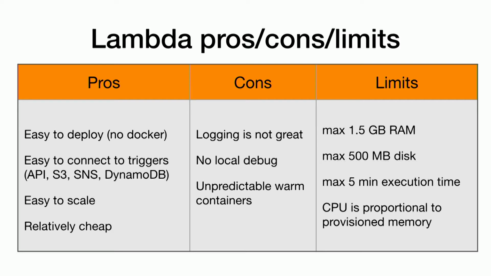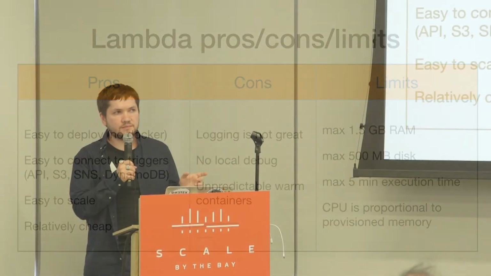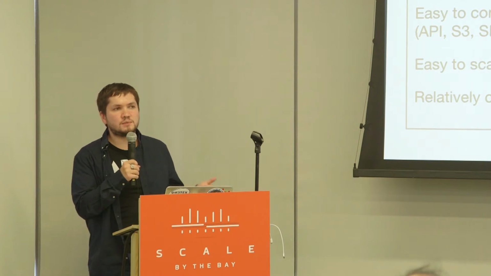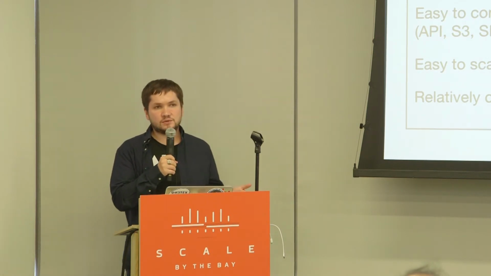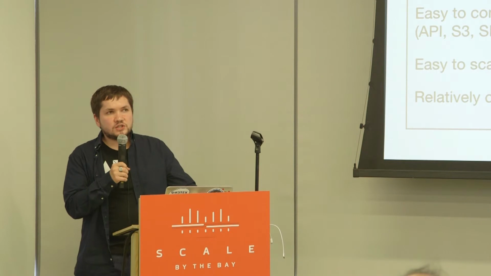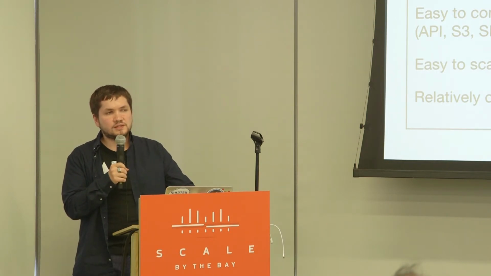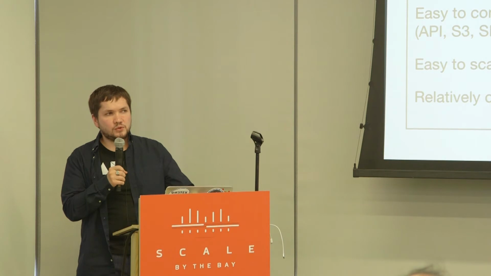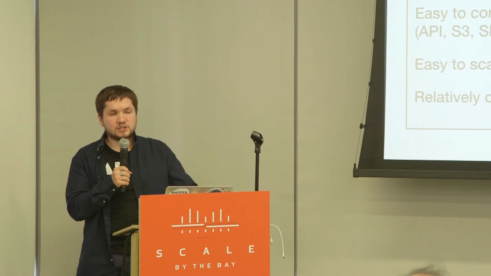It's very scalable. 1,000 Lambdas can run simultaneously, and if you write to their support, they can increase this number to 10,000. And it's relatively cheap. I will show it later today, but it costs a fraction of the cost for the same job on an EC2 instance.